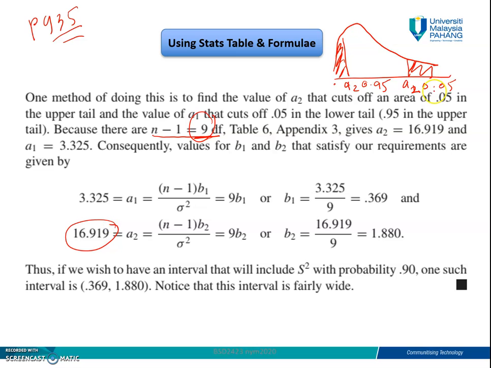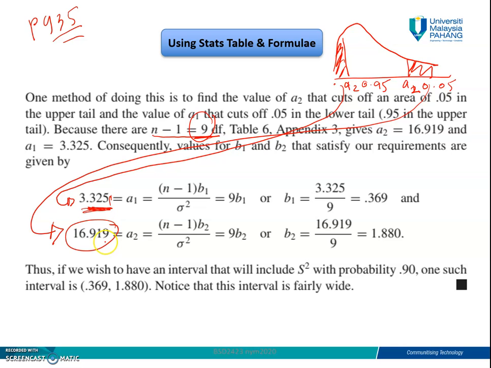Then for this one, 0.95, look at 9, you will get 3.325. If you look here, let me check again, it is 3.3251 actually, but they use 3 decimal places. Doesn't matter. So this one you will get A1 and here is A2.